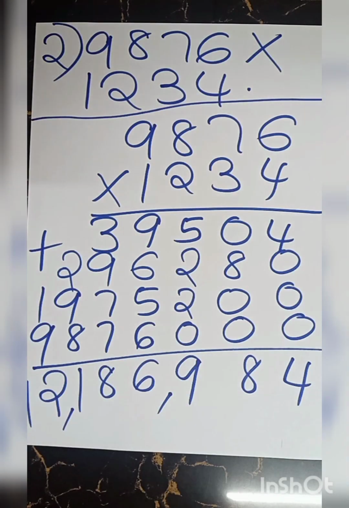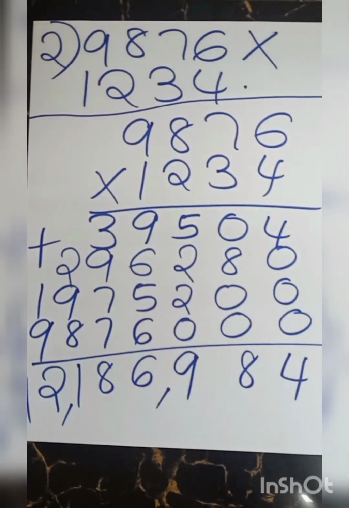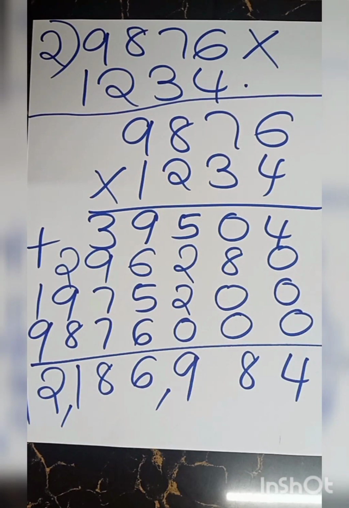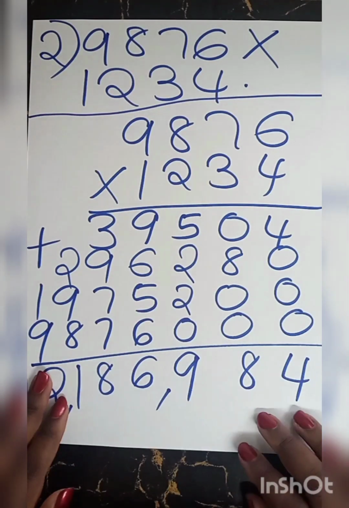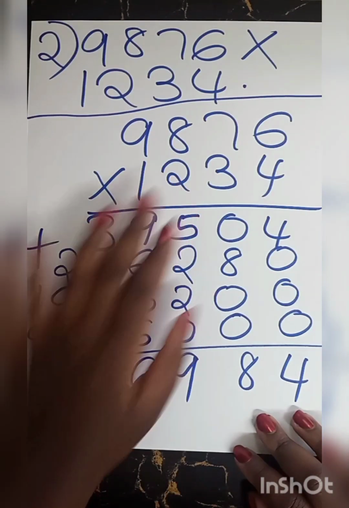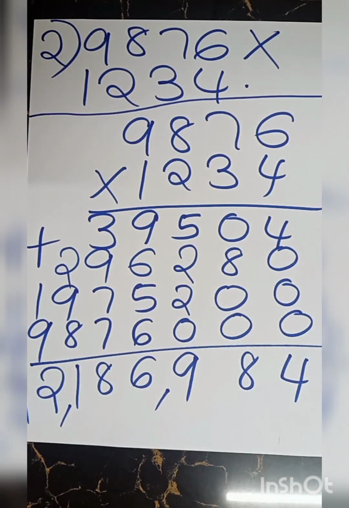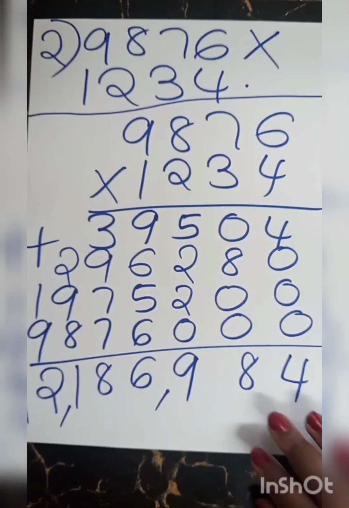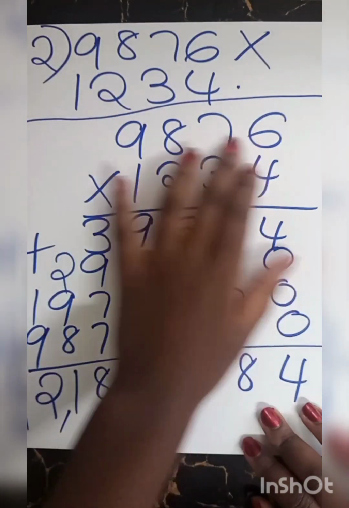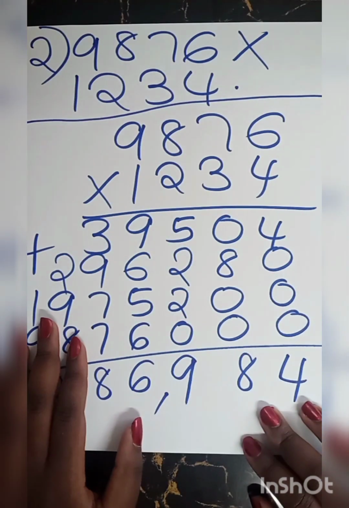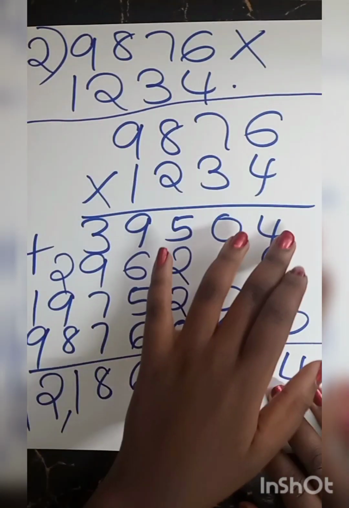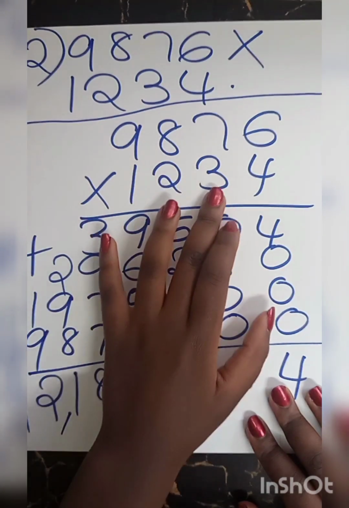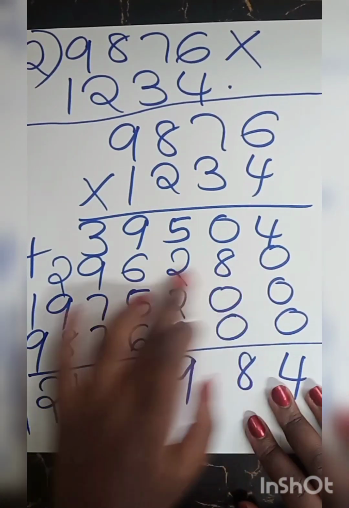Yes, so let's look at another example. If you're given a question like this, the first thing you need to do is to arrange the numbers in order of their place value like this. And after you do that, the next step is to multiply all these digits with all these digits. So when you multiply 4 with all this, you get this. When you multiply 3 with this, you get this.